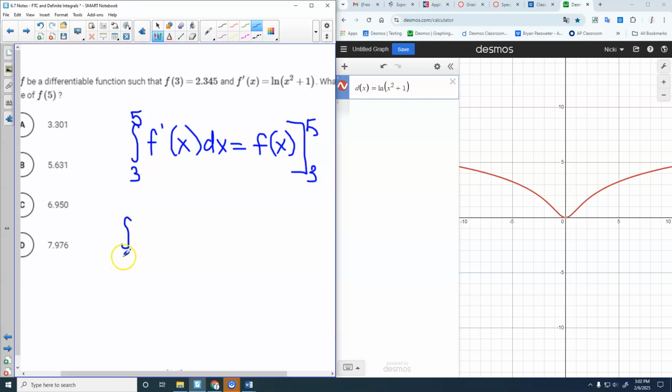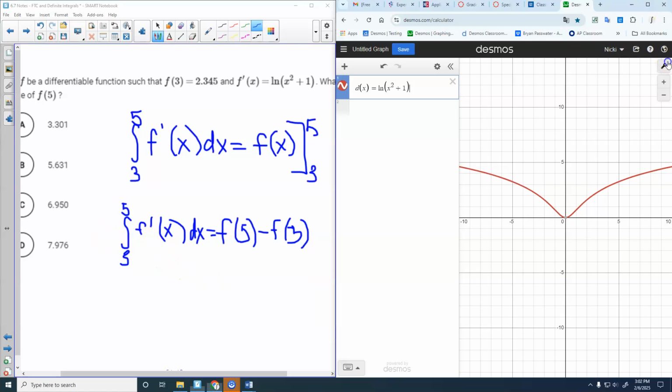So that means the integral from 3 to 5 of f prime of x dx, sorry, this is so ugly, is going to equal f of 5 minus f of 3. Gosh, that's bad.